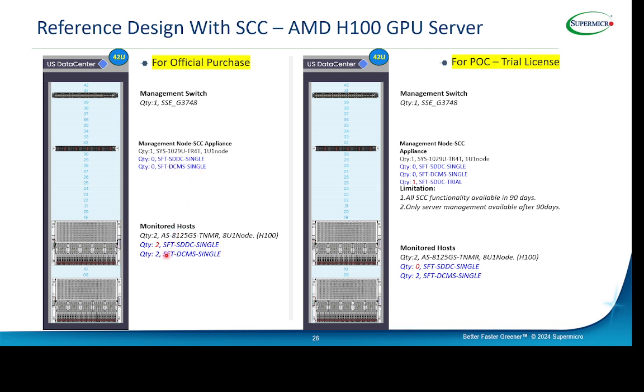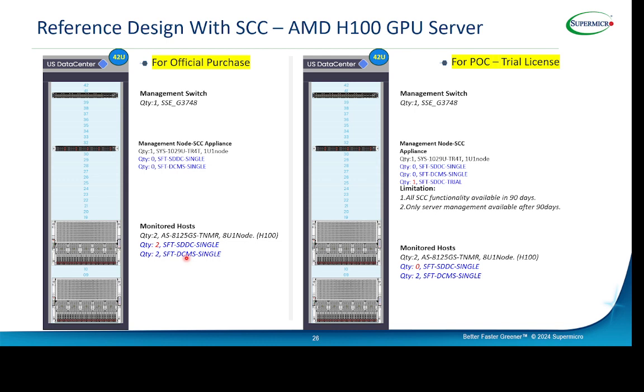We have our GPU server, which is quantity of 2, so that will require us to have 2 SDDC singles to manage, and then also 2 DCMS single licenses to manage for SDDC.